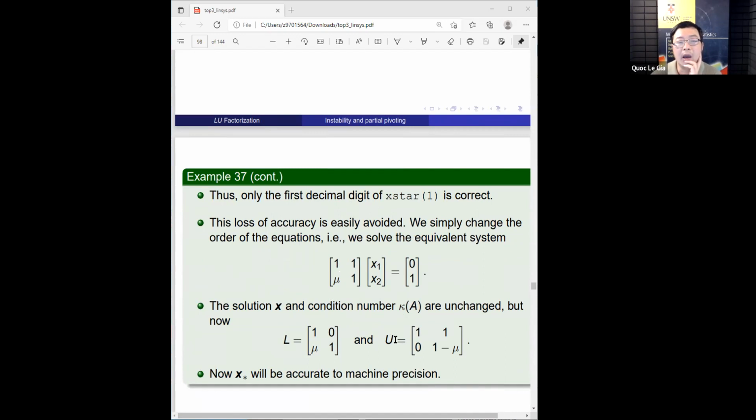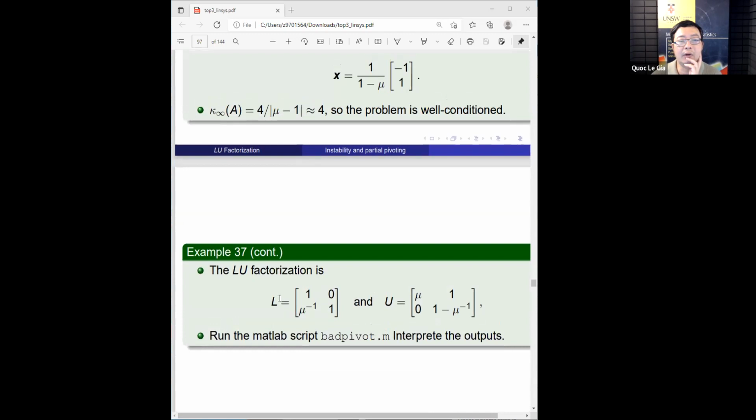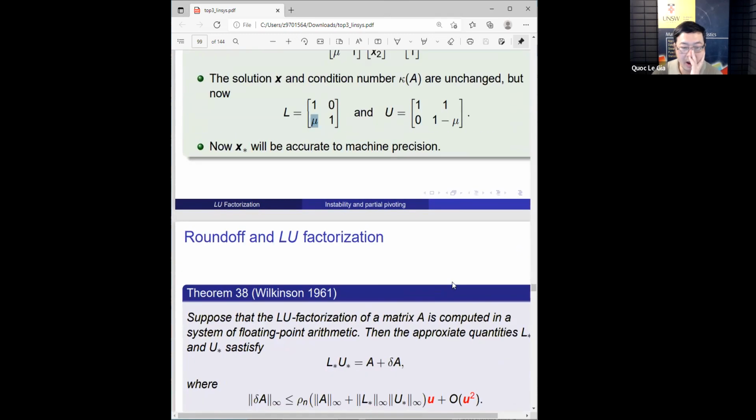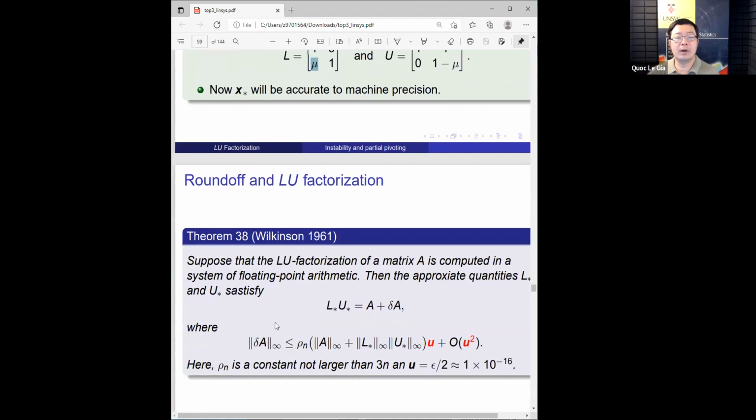Before, you had a matrix L with 1, 0, 1 over mu and 1, and 1 over mu can be very big. But when you swap the rows, the matrix L is 1, 0, mu, 1 with mu a very small number, and U is 1, 1, 0, 1 minus mu. This is related by a theorem.